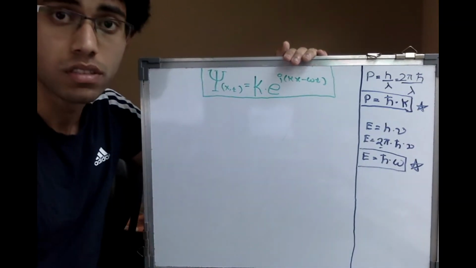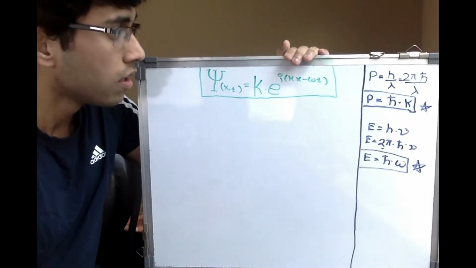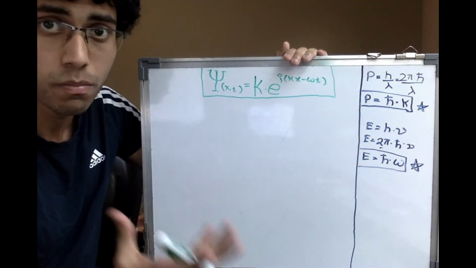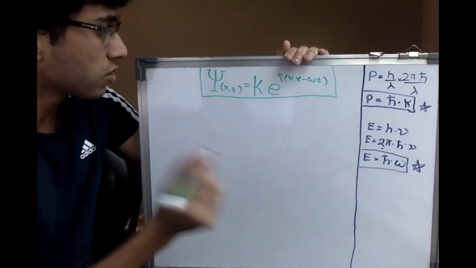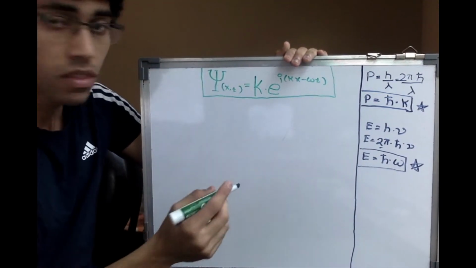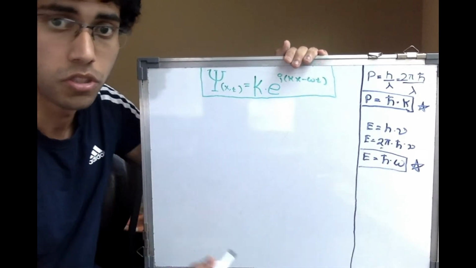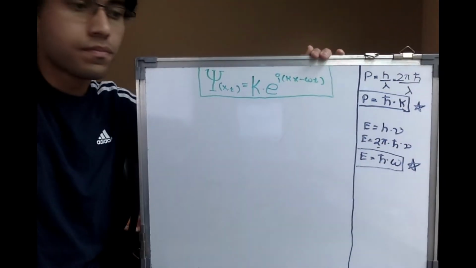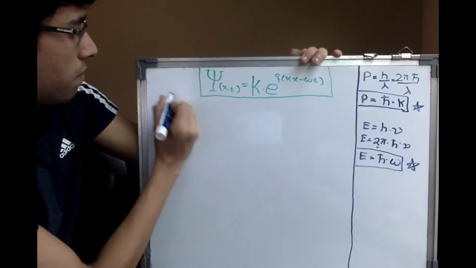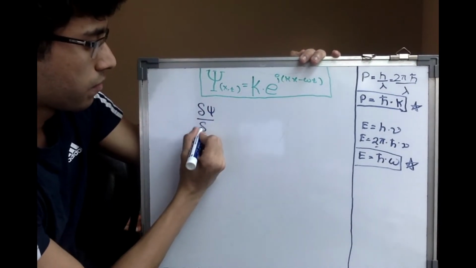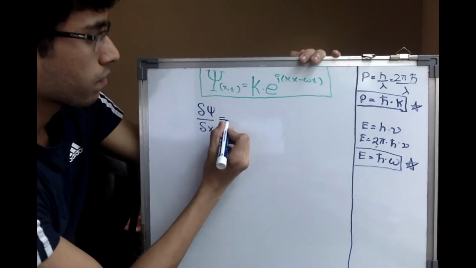So now we have psi of x comma t as this plane wave. And now, since we are calculating momentum, which you can visualize as dependent on the position, let's take the partial derivative of psi with respect to the position. So let's say partial of psi with respect to x.